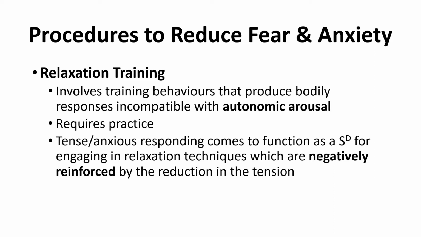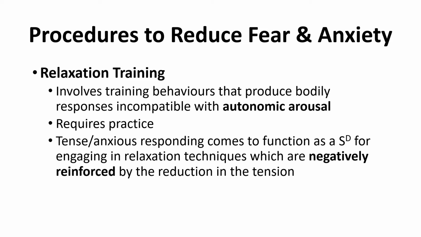The first set of procedures that we're going to talk about fall under the heading of relaxation training. Now, these procedures involve training behaviors that help to produce bodily responses that are incompatible with our autonomic arousal. So things that are going to counteract and make it impossible for all of those ramping up feelings within our body.